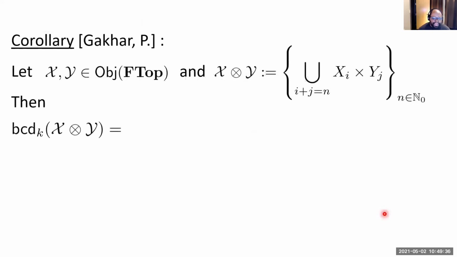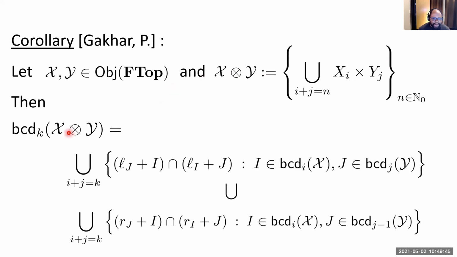The corollary we get from here is that if you take the tensor product filtration of two spaces, then you can read off the barcode of the tensor product by taking barcodes from X and Y and shifting them using the left endpoint or the right endpoint of the other interval. In other words, take the interval I from X, shift it by the left endpoint of J. Now do the opposite.